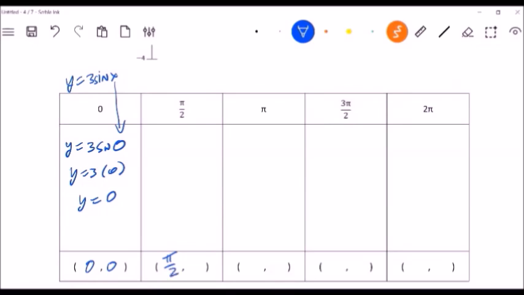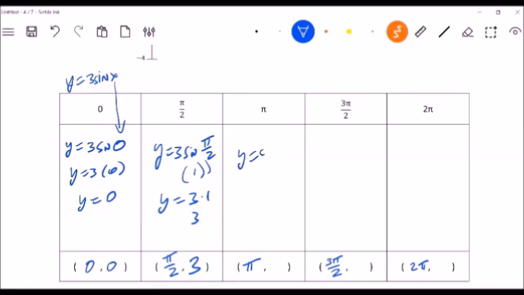Now, I'm going to put pi over 2, pi, 3 pi over 2, since I know those are going in there. Anyway, and let's do the next one. Y equals 3 sine of pi over 2. Now, the sine of pi over 2 is the number 1. So that means y is equal to 3 times 1, or 3.